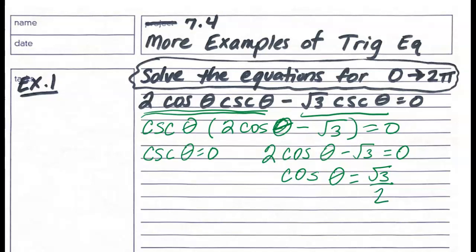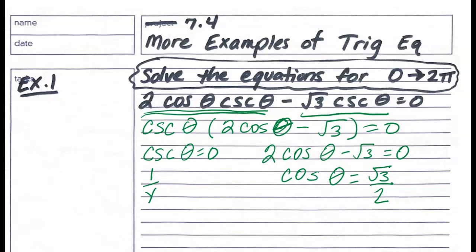And so now remember, here's the part where I'm using my unit circle to see where those values hold true. So here's some of the thinking. What is cosecant? It's the reciprocal of sine. So cosecant would be the value 1 over y. Let's think about this for a second.